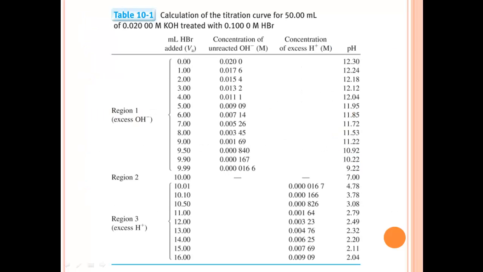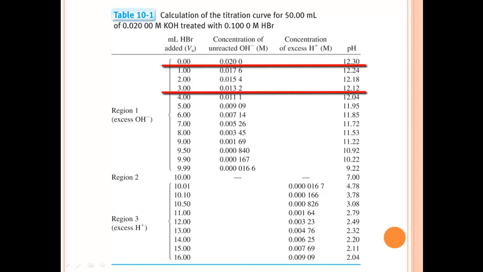In your book, they have this table, Table 10.1, which shows all the points that they use for their curve. And if you notice, we calculated several of them. We calculated the point at 0 mL of acid added, which you can see here is pH 12.30. We also calculated at 3 mL, where the pH was 12.12.